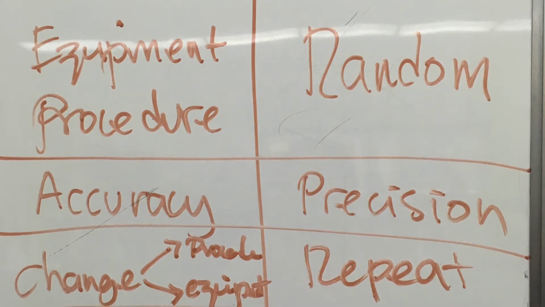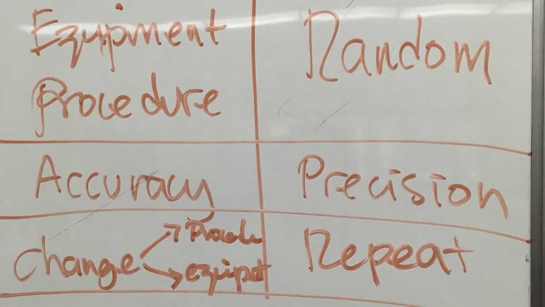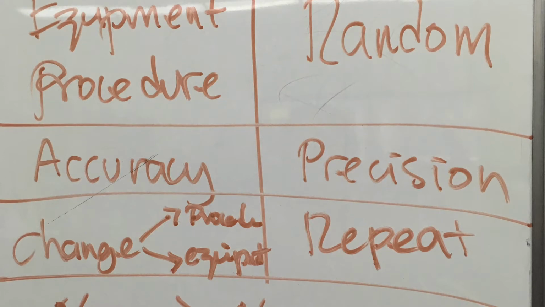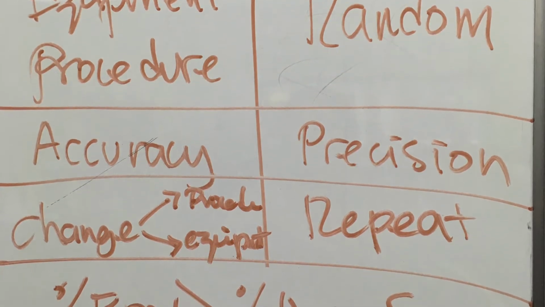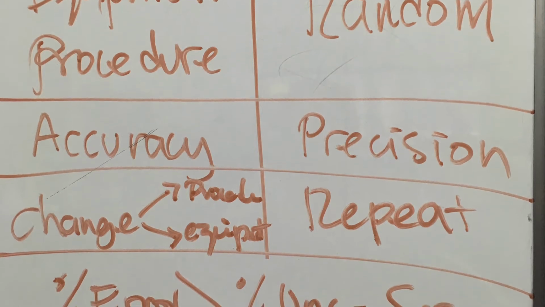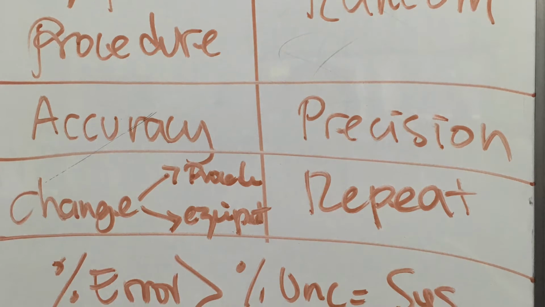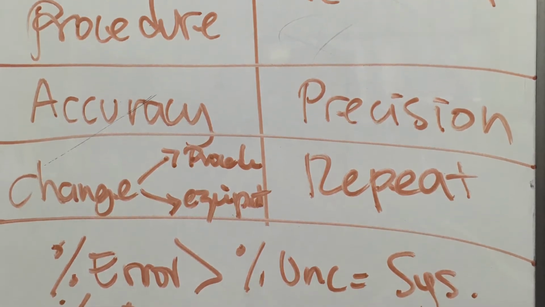Systematic will affect your accuracy. Random will affect your precision. So what do we do? Change the procedure or equipment. Here, just repeat several times.